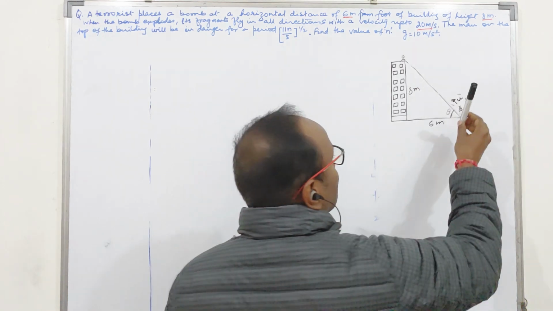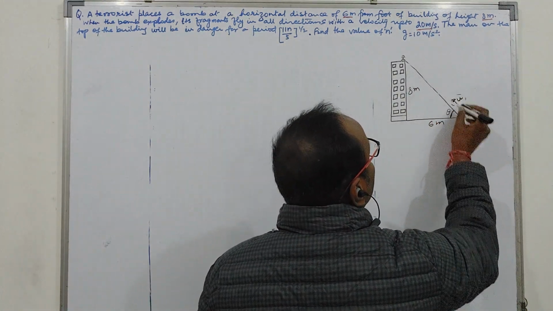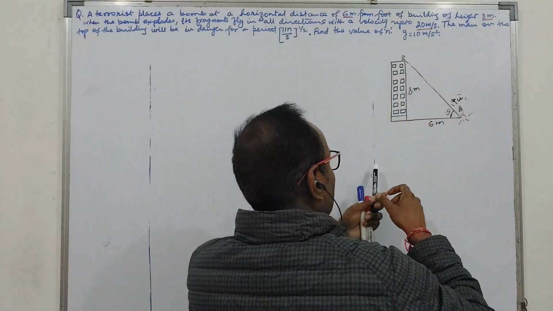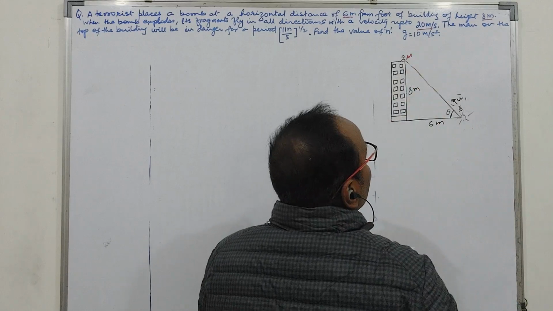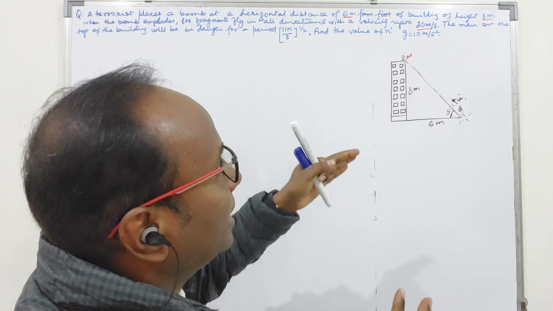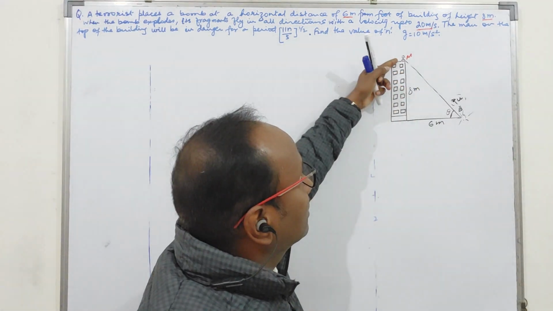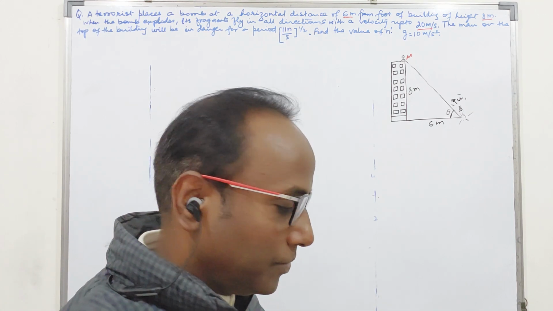Actually we should say that the displacement of the fragment should be from here to here. If we say this is B and this is M, the particle should be displaced from B to M to hit this man.